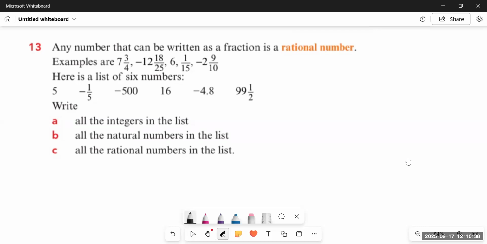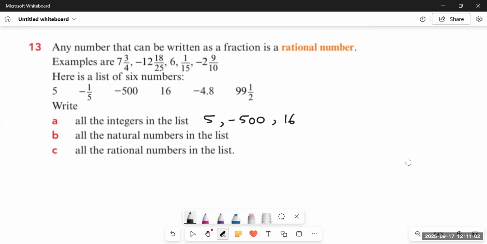So in this list, we have 5 as a positive integer, minus 500 a negative integer, 16 a positive integer, but minus 1 upon 5 is a fraction, it's not an integer. Minus 4.8 is a decimal number, it's not an integer. 19.9 whole 1 upon 2 is a fraction, it's not an integer. Now let's talk about the natural numbers.